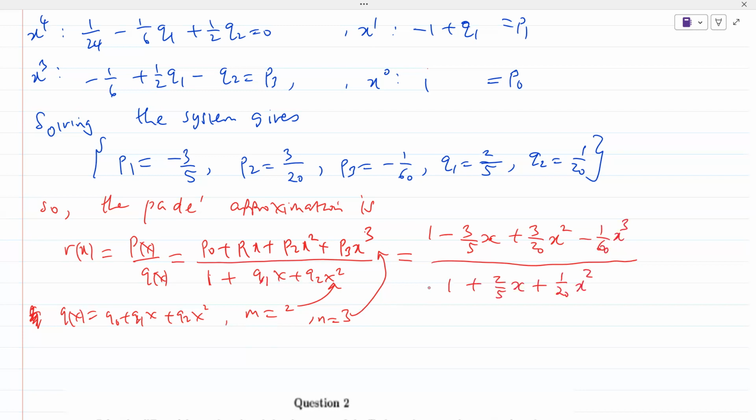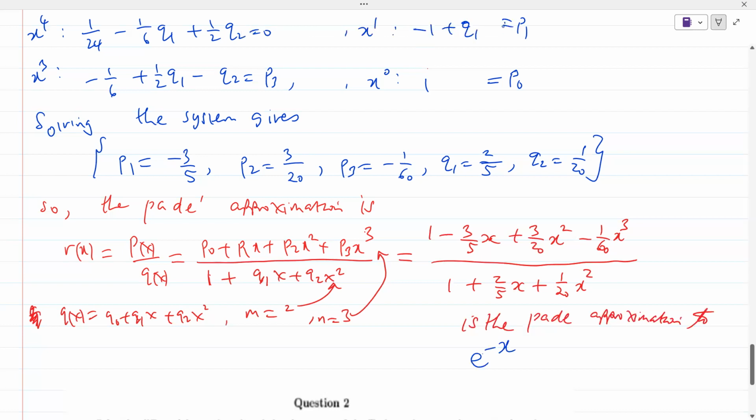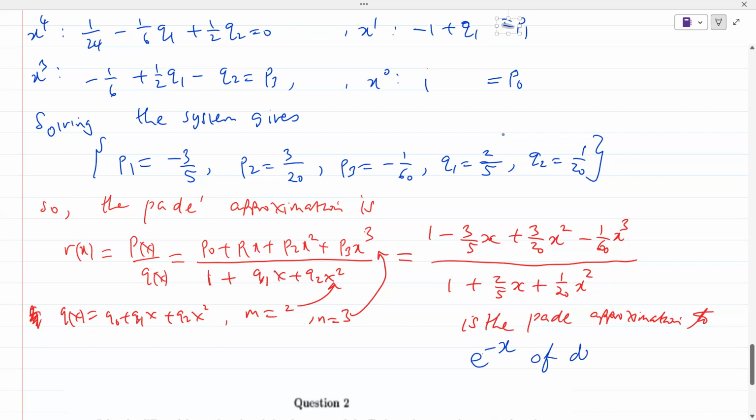It is a Pade approximation to e to the power minus x, of degree 5.